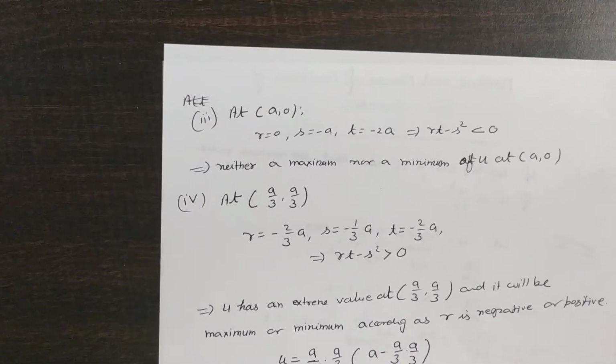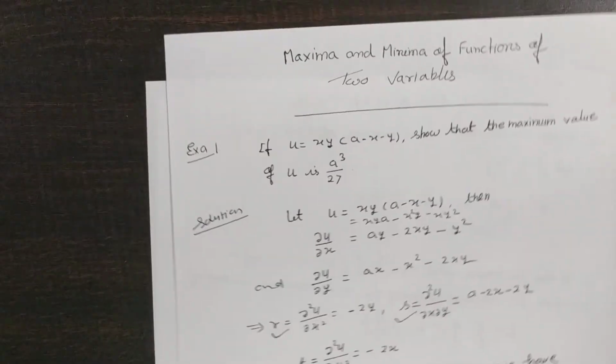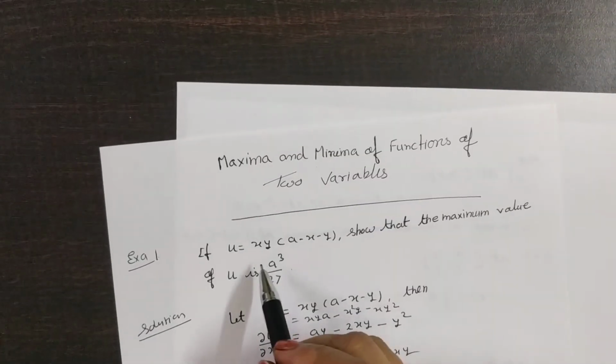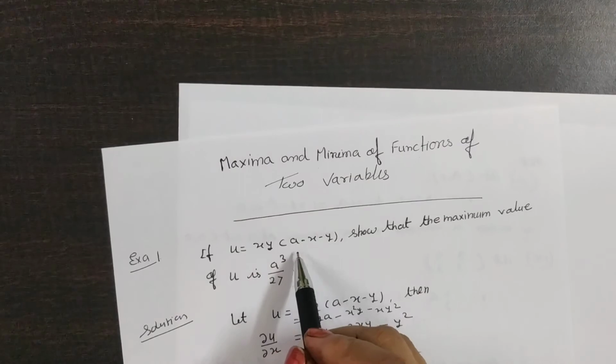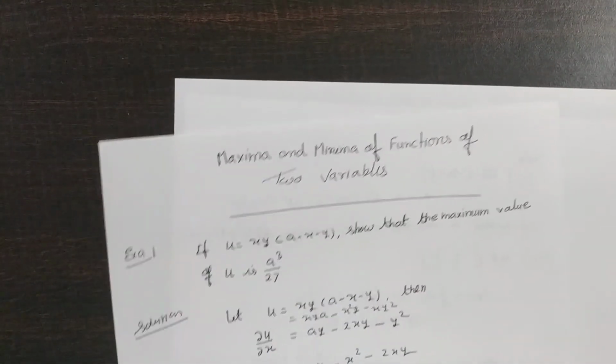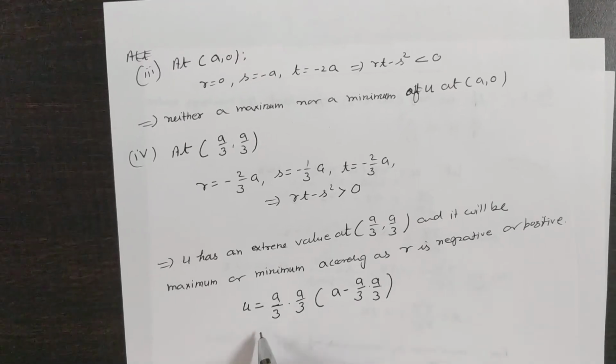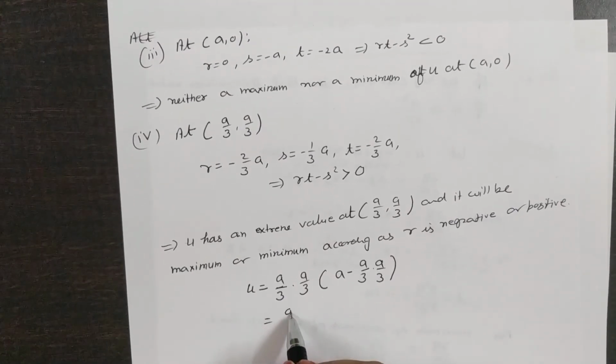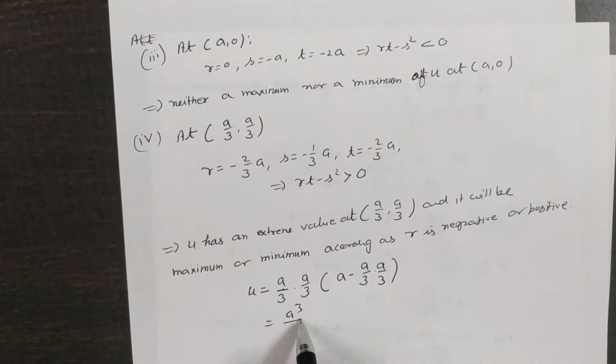Substituting x, y equal to a by 3 in xy(a minus x minus y), you get this value as a cube by 27.